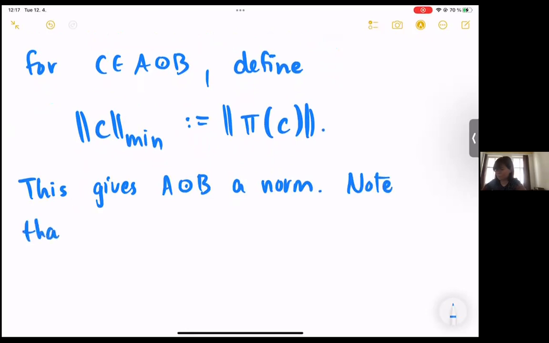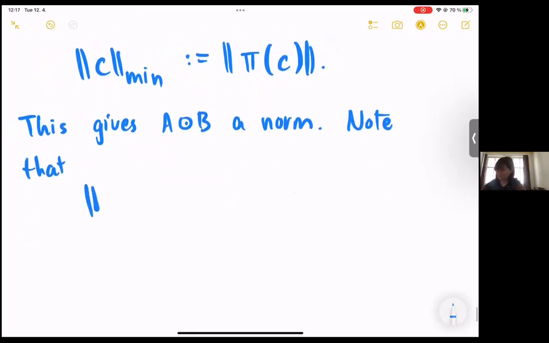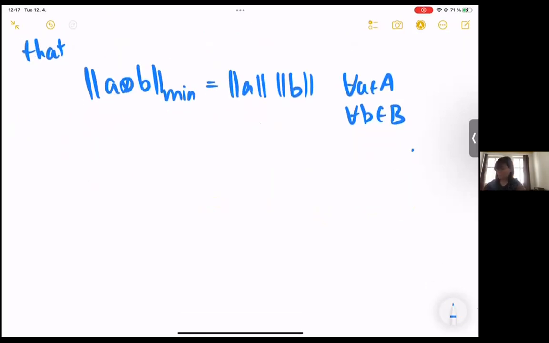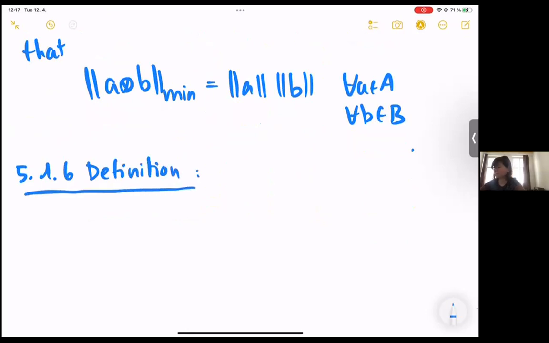And this norm satisfies the norm of a tensor b in min is at most the norm of a times the norm of b. And we complete. And this gives us the minimal tensor product of two C-star algebras, which is, again, a C-star algebra.